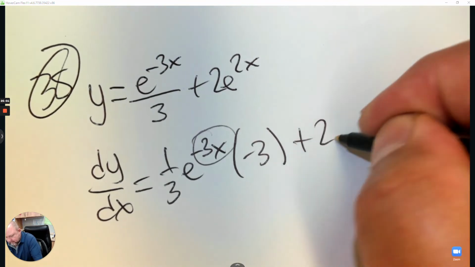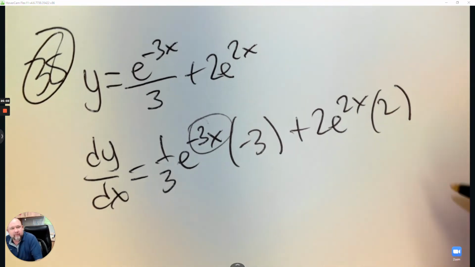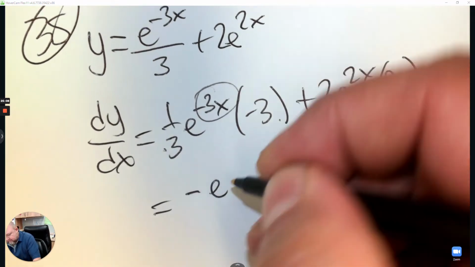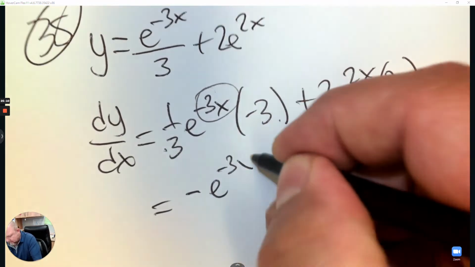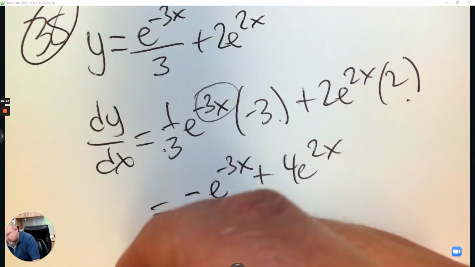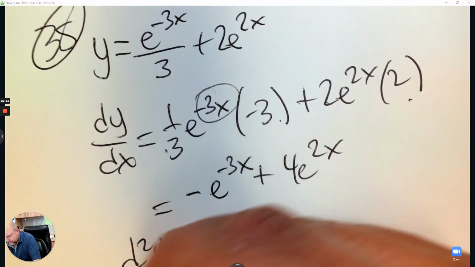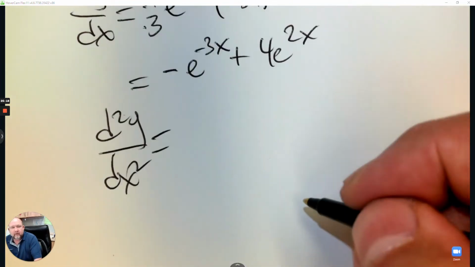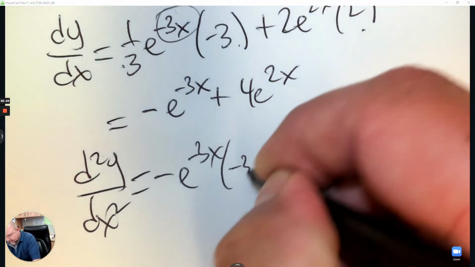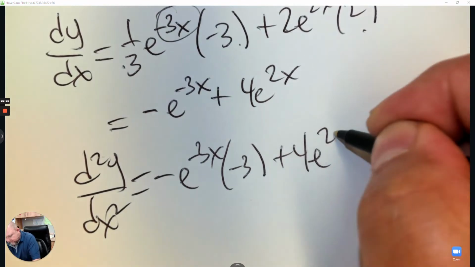I copy it, times the derivative of the exponent. 1/3 times negative 3 is negative 1, or negative e to the negative 3x. 2 times 2 is 4. All right, now I'm ready for the second derivative. Copy it, times negative 3. Copy it, times 2.